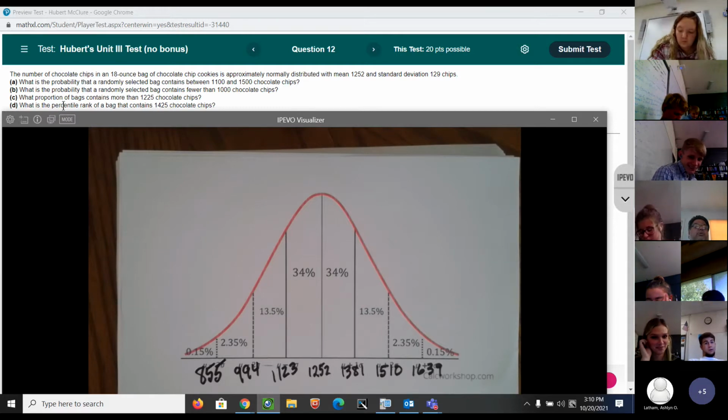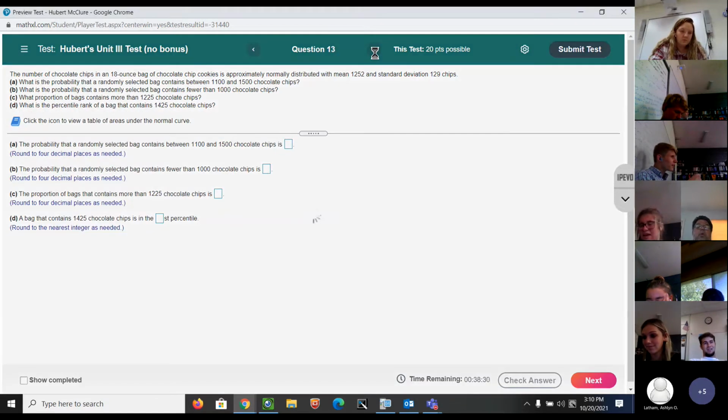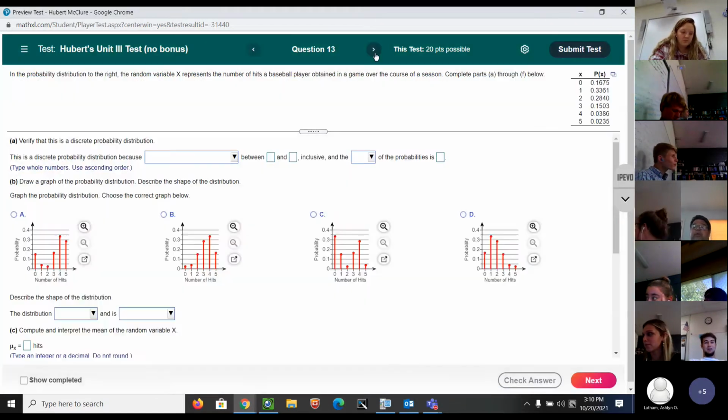Let's see, what is the percentile? Okay, and then 1425, what is that percent? So there's 4 questions right there. I'm just not going to do it because it's too much. I'll help you set it up. Next question. We'll go back to it if we can.